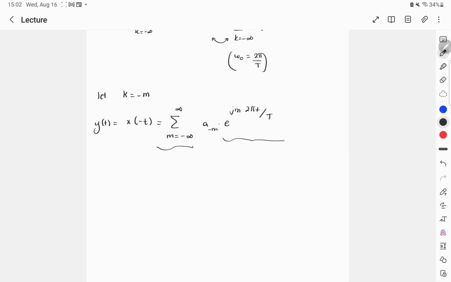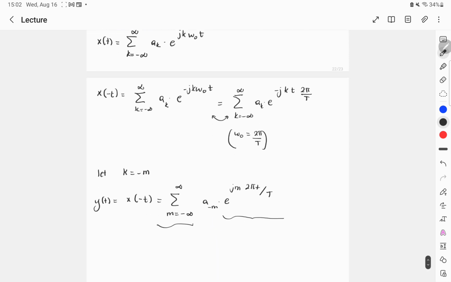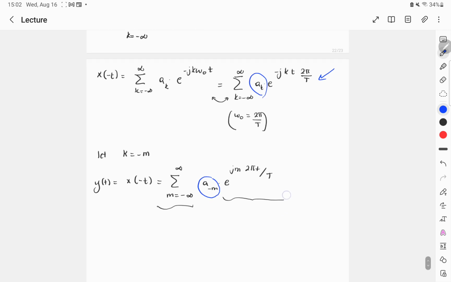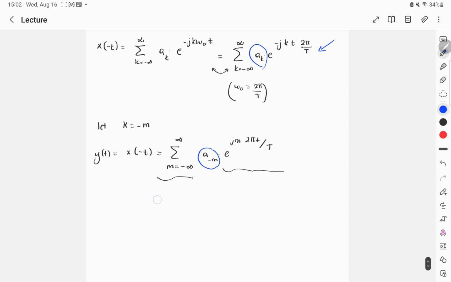These parts are completely the same as the above expression, which is this one. The only difference is that we have a minus index and here we have a positive index. So we can write it like this.